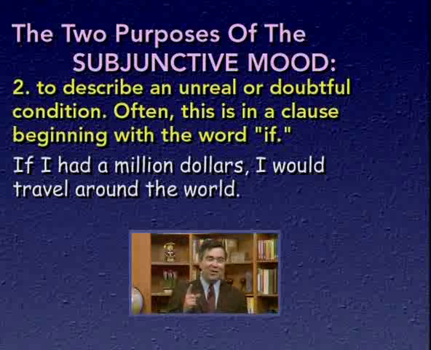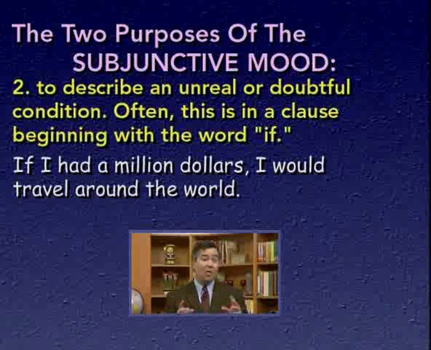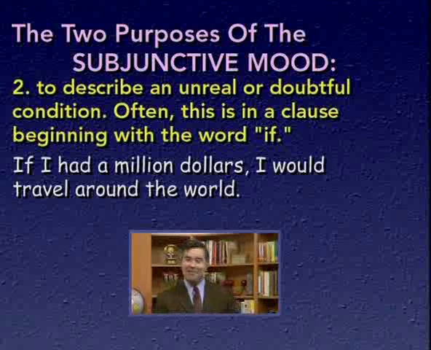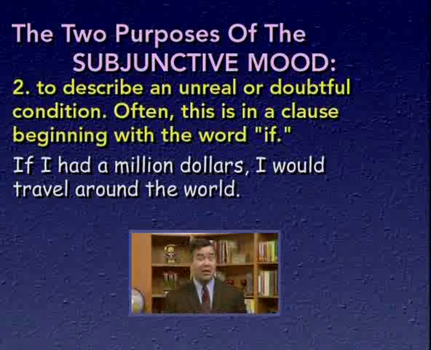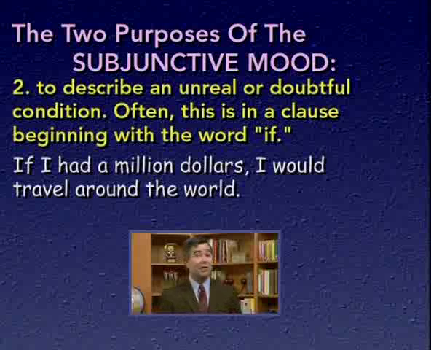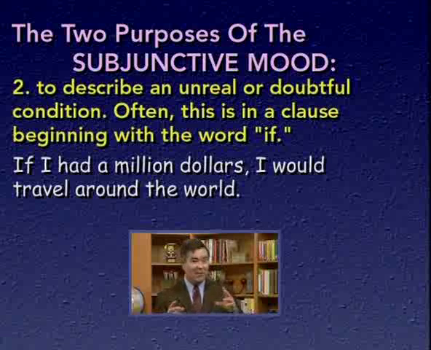Now, the first clause is describing an unreal or doubtful condition. We can tell from reading this sentence that, unfortunately, it's not true. I don't have $1 million, and that's why I'm speaking with you rather than traveling around the world. So that first clause is describing an unreal condition. It begins with if.